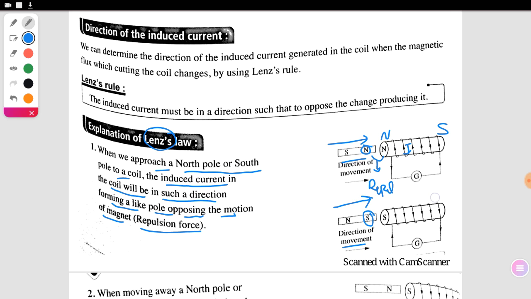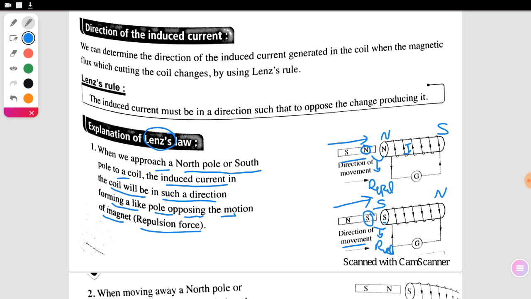This means that this is the north and this is the south pole, south facing south. At the first, north; at the second, south.